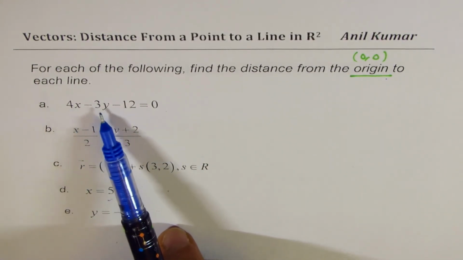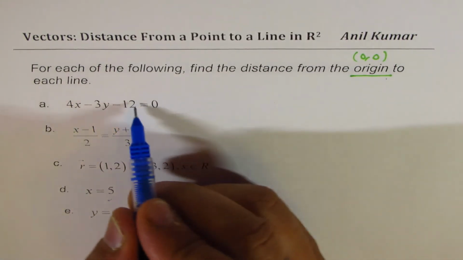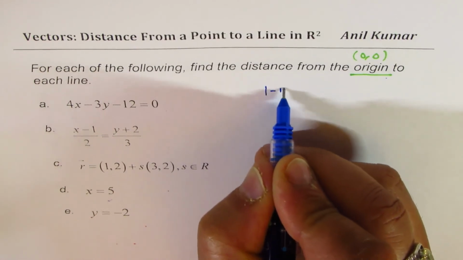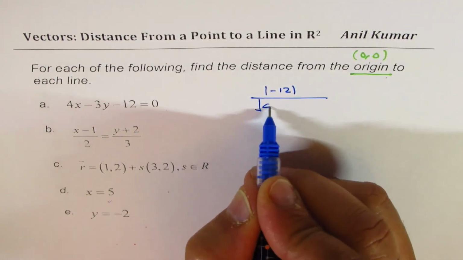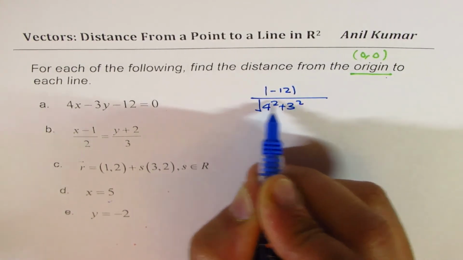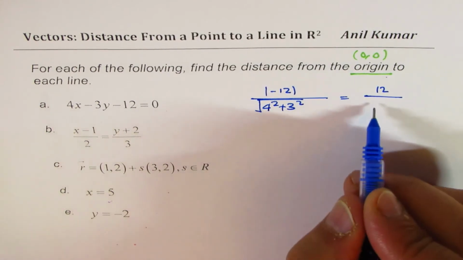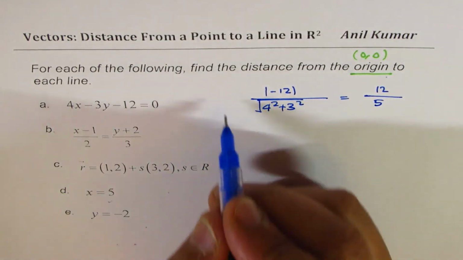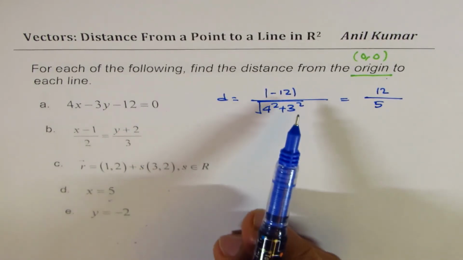If you are given the equation in the standard form, if you substitute (0, 0) here, you get -12. So the answer for the first one will be -12 divided by square root of a square plus b square, which is 4 square plus 3 square. And so we get 12 over 5, correct? So that becomes the distance for the first equation when you're given in the normal form.